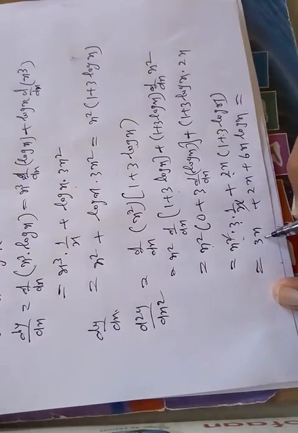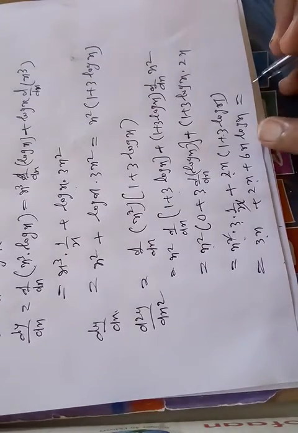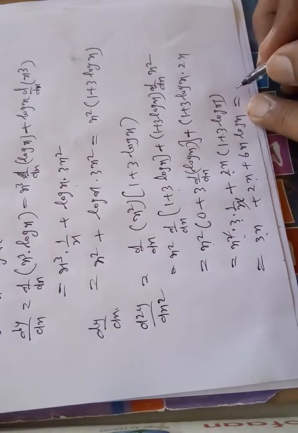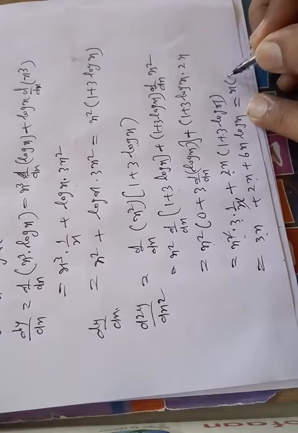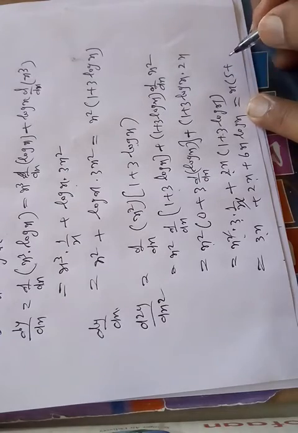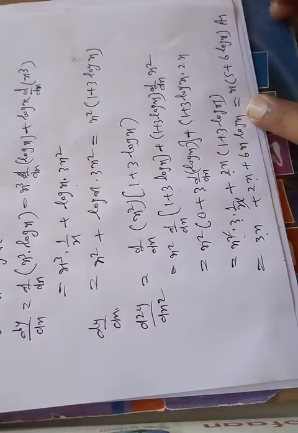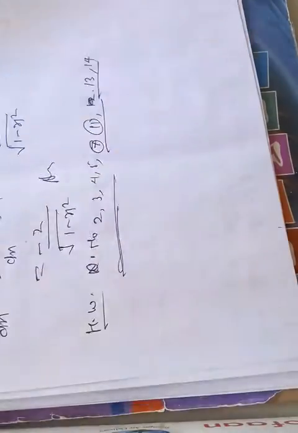Taking x common, we get x times (5 plus 6 log x). Clear?